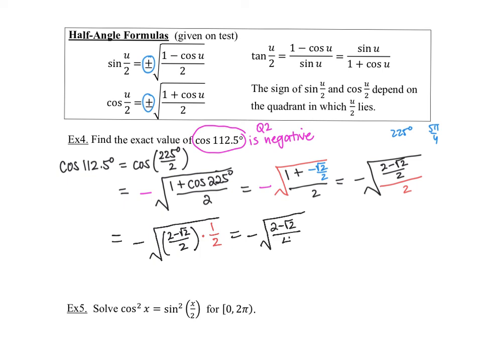Two times 2 is 4. So what's my final answer? Negative square root of 2 minus root 2, and the square root of 4 is 2, so I can go ahead and leave that as a rational denominator. Again, it was only negative because 112.5 is in quadrant 2. And this is the exact value for the cosine of 112.5.